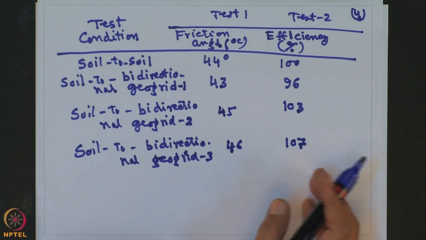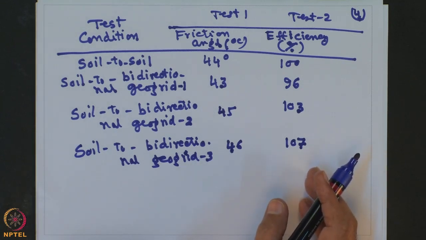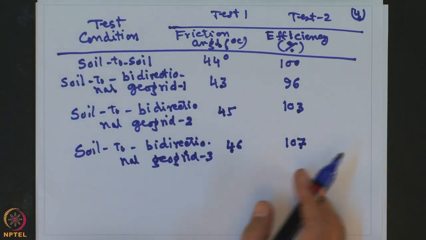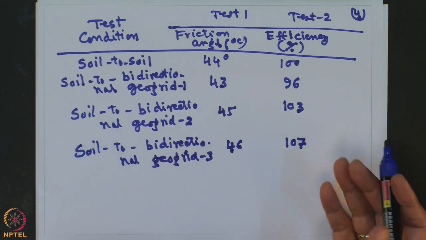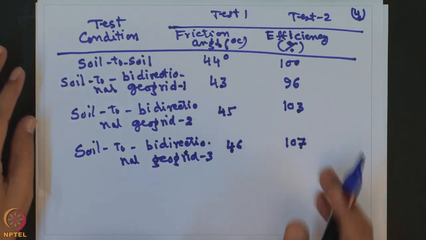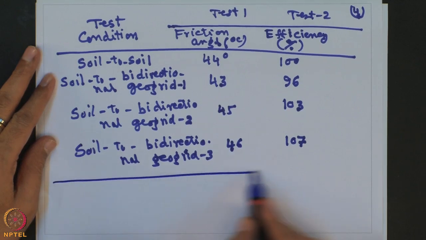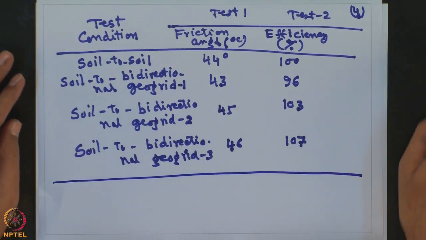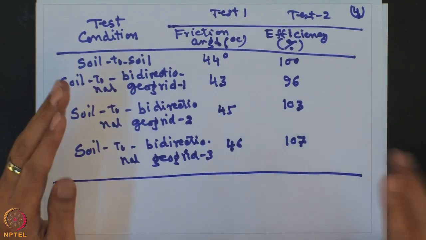It may be soil to soil, soil to geogrid, or soil to any geosynthetic material. From this test you can determine what should be the friction angle as well as what should be the efficiency.